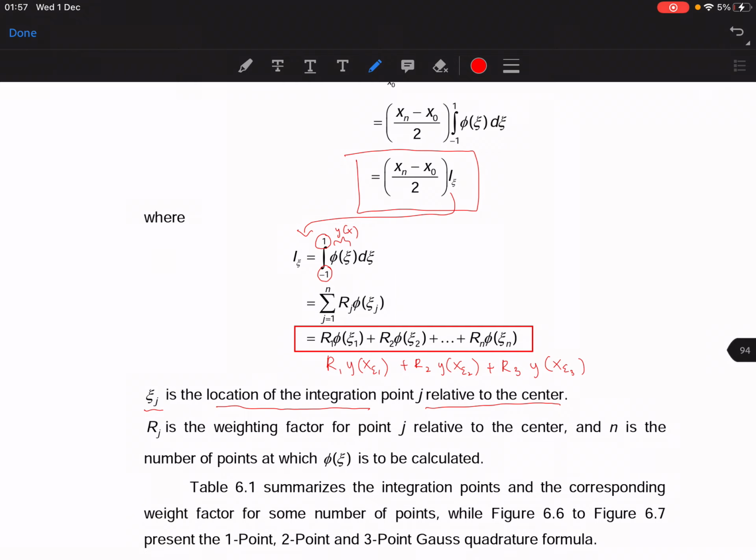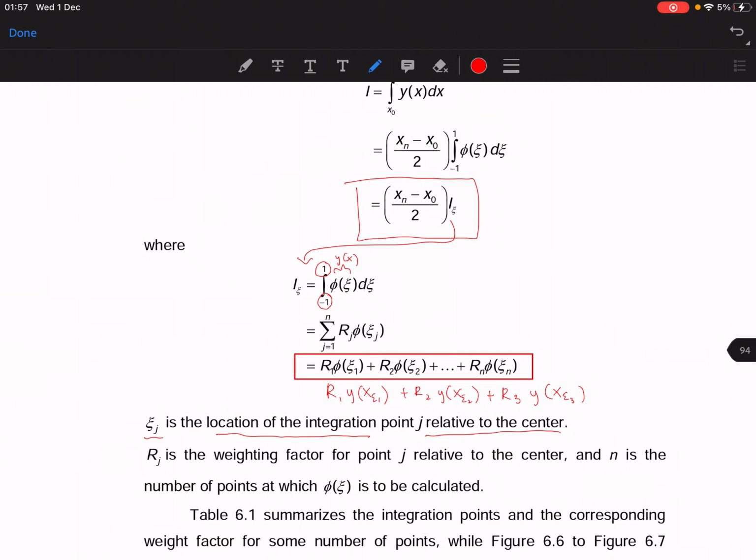So this is how we're going to get the I zeta. And once you got the I zeta, whether it's 2 points or 3 points, for example, this is the I zeta for 2 points, while this plus this is actually the I zeta for 3 points.